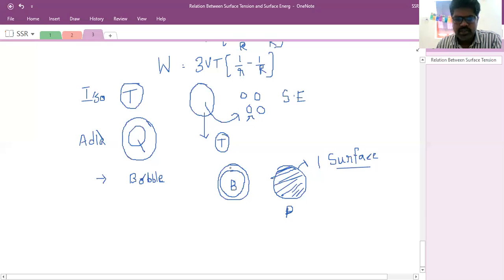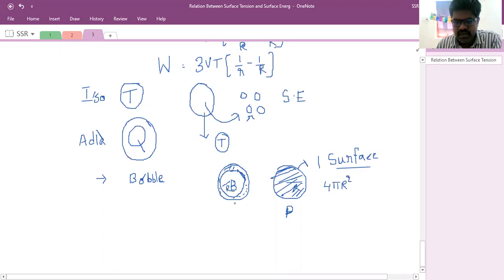So the bubble has two surfaces with a certain small thickness, so it actually has two surface areas, inner and outer. Then what is the total surface area? Suppose this radius is R, this radius also R. Here the surface area is simply 4 pi R square. This one is also 4 pi R square.